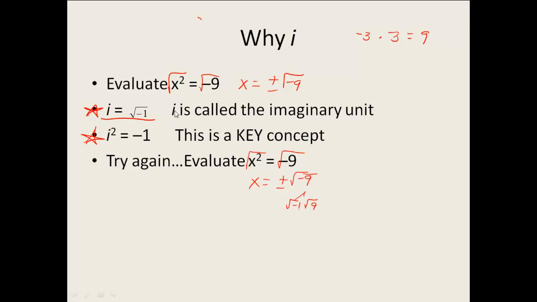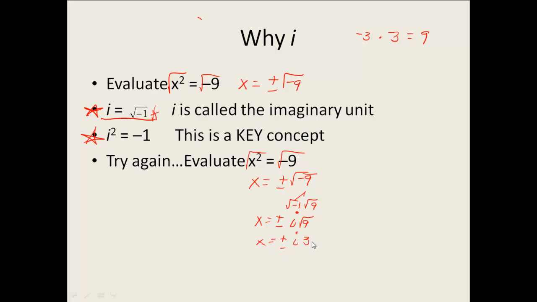And we just looked up here, i is equal to the square root of negative 1. So I'm going to replace that square root of negative 1 with an i. So I'm going to have plus or minus i times the square root of 9. Now as I look at this, I realize I can reduce the square root of 9 to 3. So I'm really going to have x equals plus or minus i times 3.